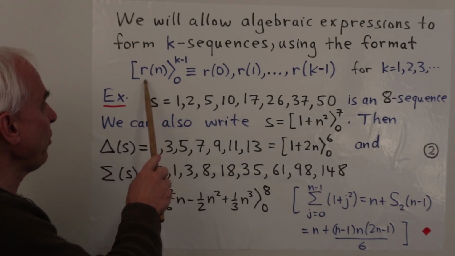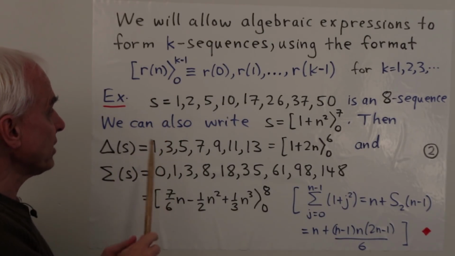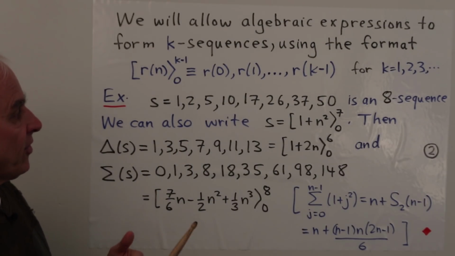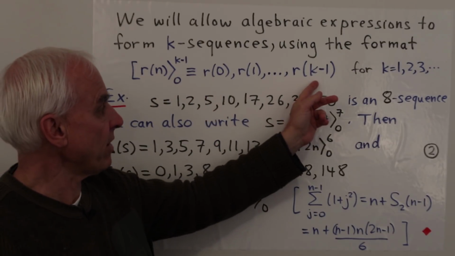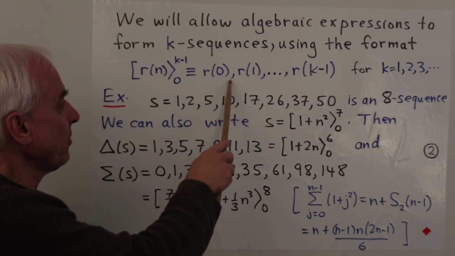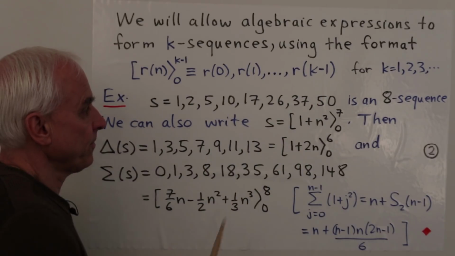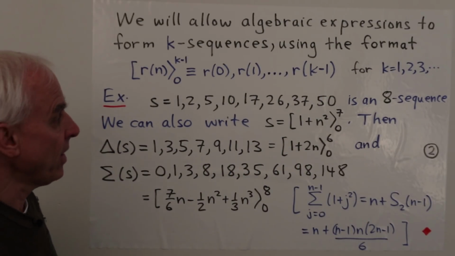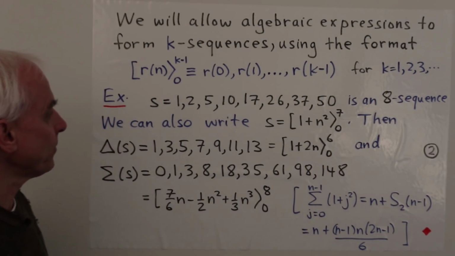So we have R(n), we'll put it in brackets with a square bracket on the left and a pointed bracket on the right, and then we'll have indices here, 0, K minus 1, telling us that this is going to be a sequence that starts with 0 and goes up to K minus 1. So what this means is the sequence R0, R1, R2, up to R(K minus 1). So it's a K sequence, it has K terms. And this will be valid for K equals 1, 2, 3, and so on.